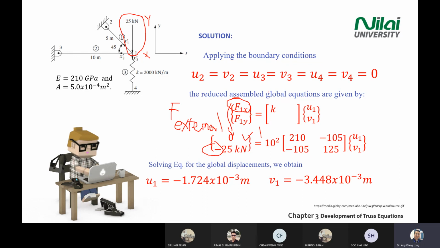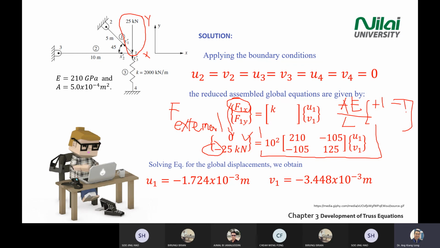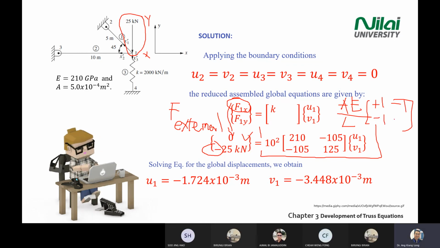Okay. And you do the calculation, because for the first element you have your K and you have a D. This one you calculate from the equation. You calculate from the AE divided by L, with your positive 1, negative 1, negative 1, positive 1, and so on.